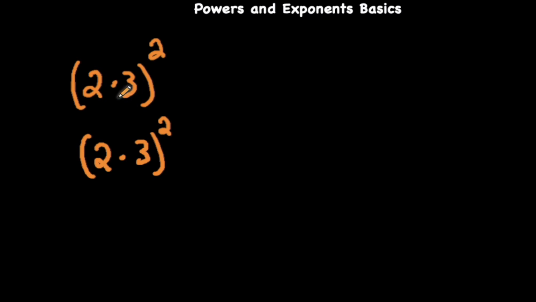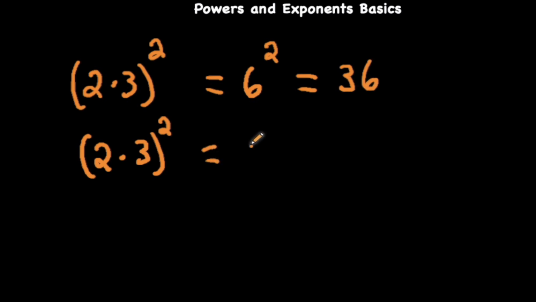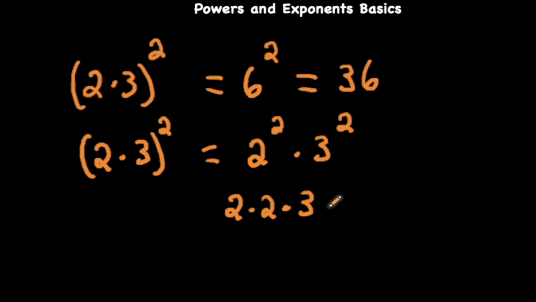You can take and multiply the factors, 2 times 3, which is 6, and square it, which gives you 36, because 6 times 6 is 36. Or you can take each individual factor and square it. So 2 squared times 3 squared, right? So when you expand it, it's 2 times 2 times 3 times 3. 2 times 2 is 4, times 3 times 3 is 9, which is equal to 36.